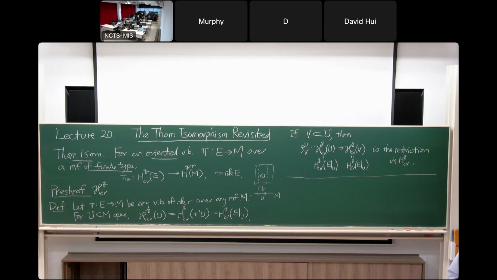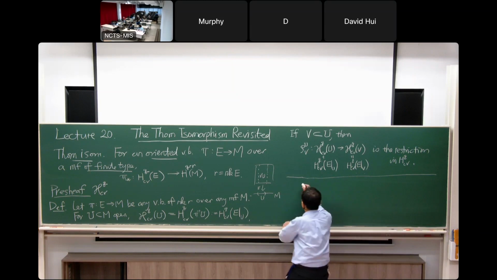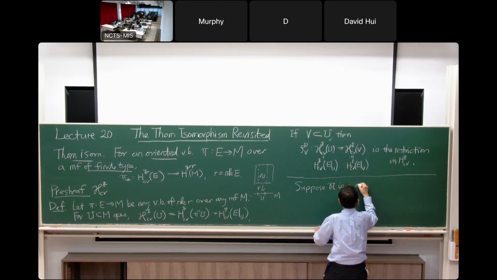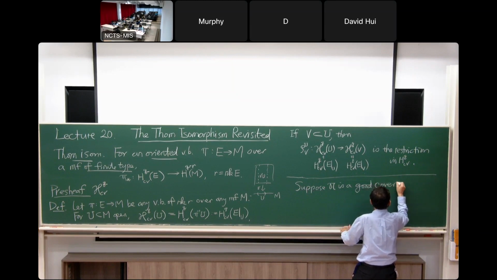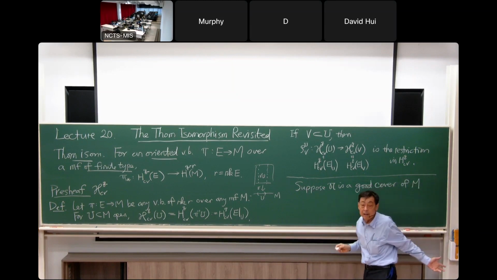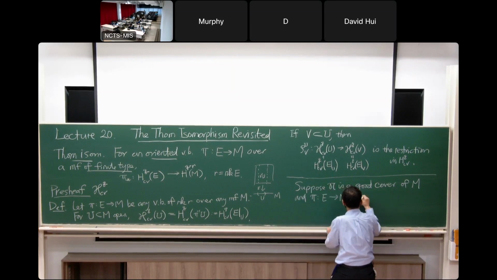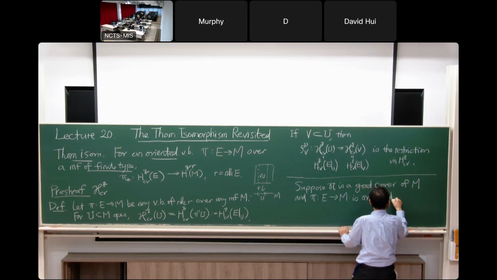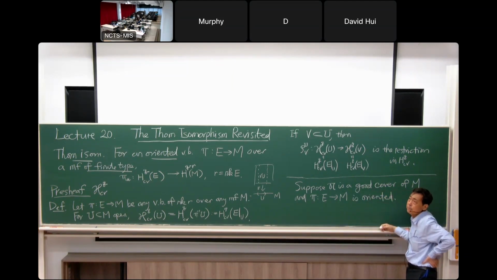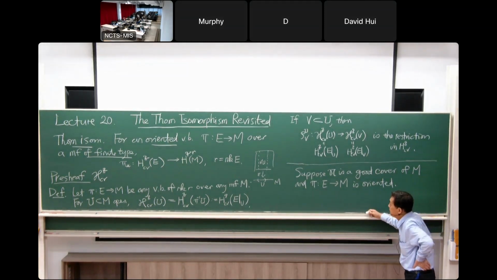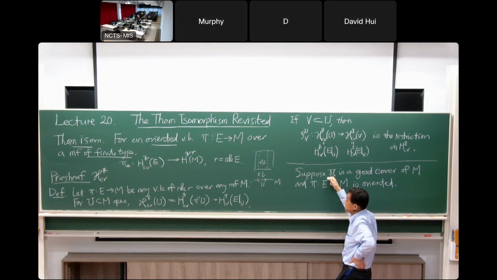So suppose U is a good cover of M, and the vector bundle is oriented, and we look at the finite intersections of open sets in this good cover.